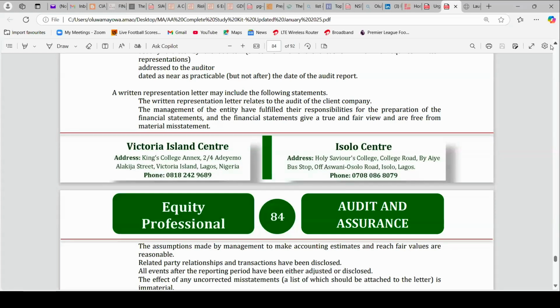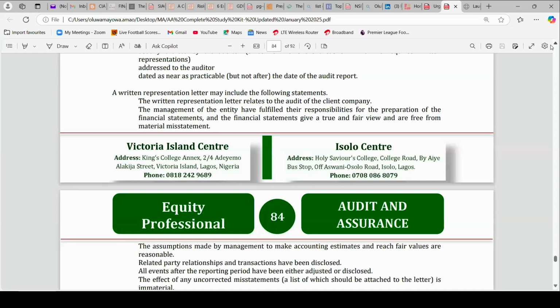It has to be for that audit. So a written representation relates to the audit that is being carried out. It's not speaking about what the company is selling or the issue the company has with a shareholder. No, the focus and the content should speak to the audit of the client. So a written representation is specifically for that particular audit.